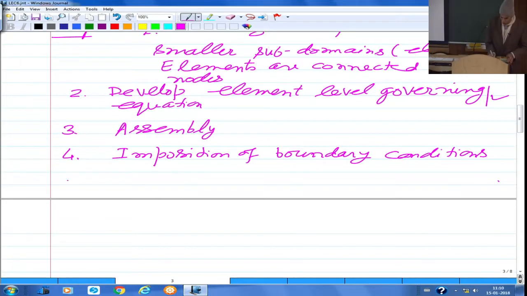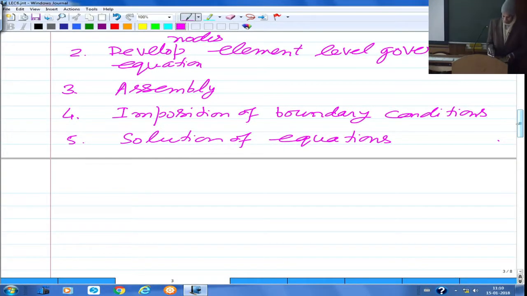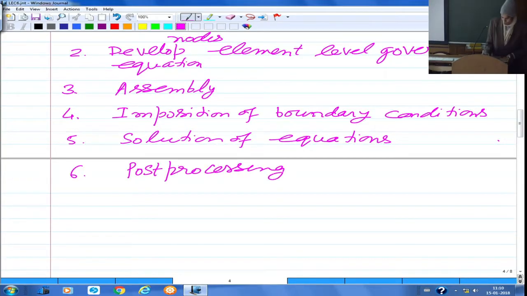So imposition of the boundary conditions, then solution of simultaneous equations, whatever we get. These equations are a set of simultaneous algebraic equations, and the next step is post-processing. Here you get the solution of basically what we call degrees of freedom.